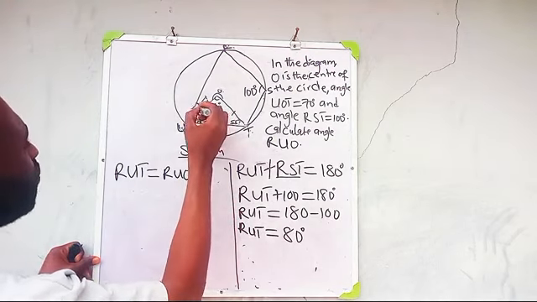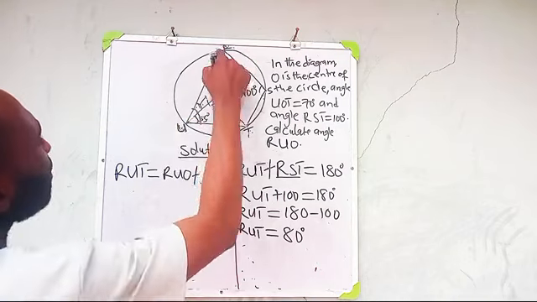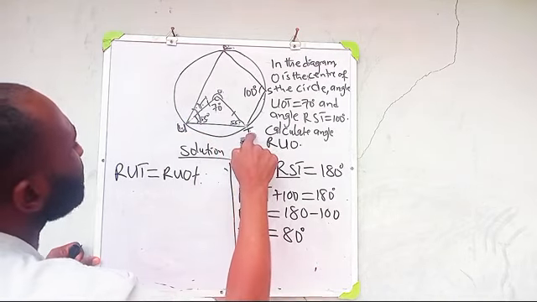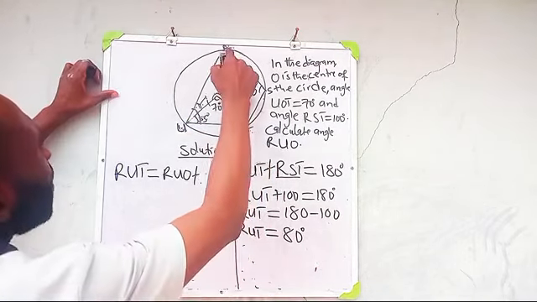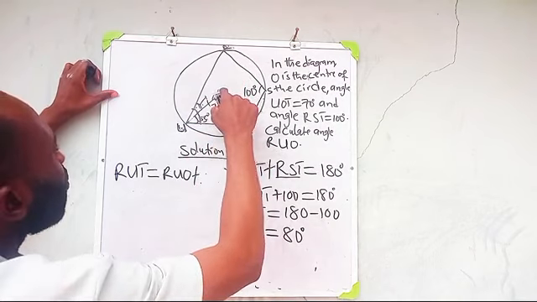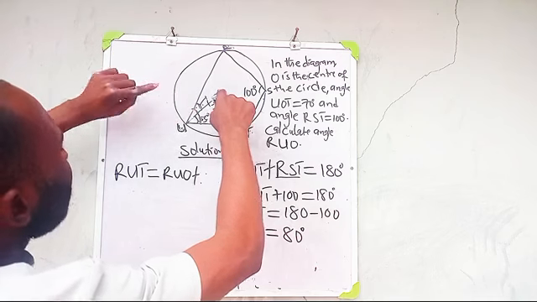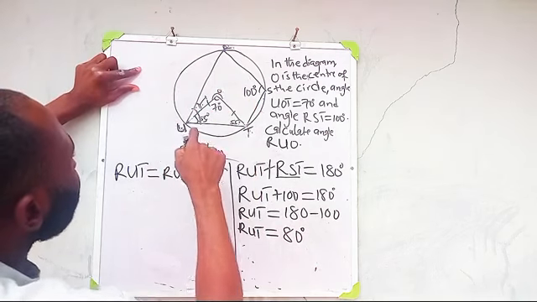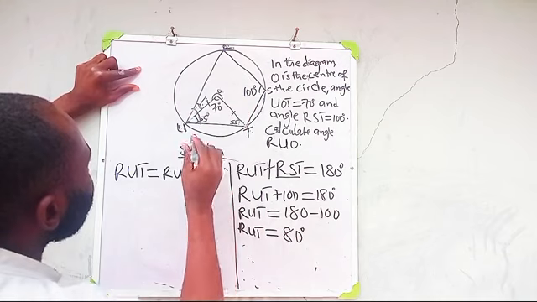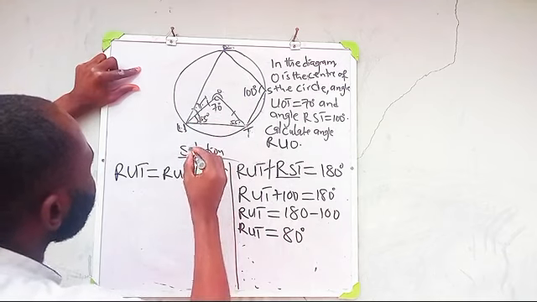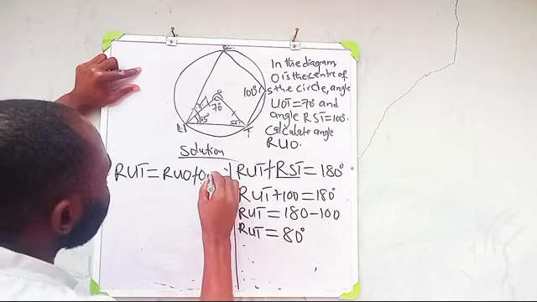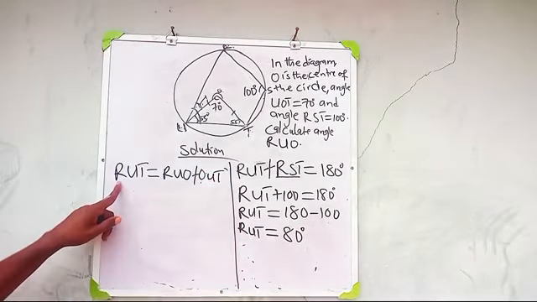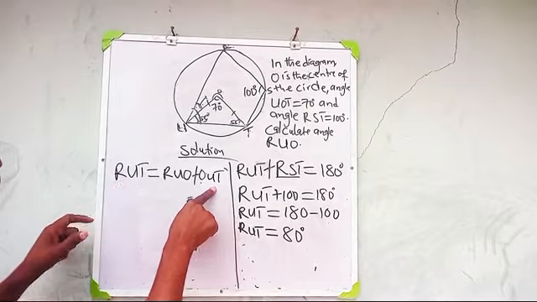For us to get this whole thing here, we're going to sum RUO, which is this small angle here, and we'll still sum OUT, which is this one here. So this angle here is equal to the summation of this.